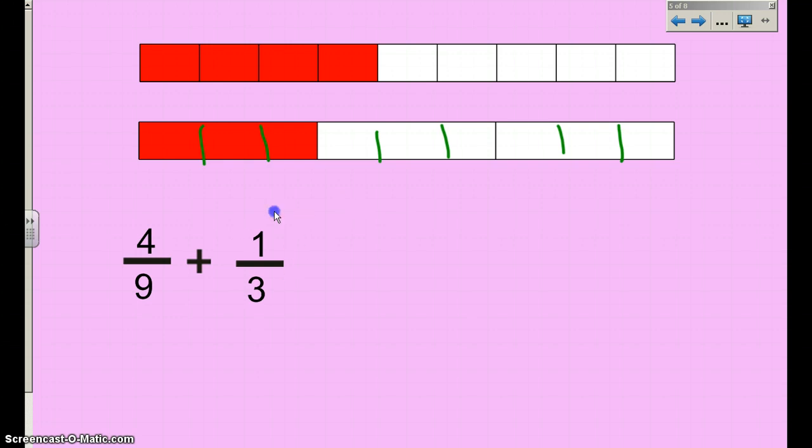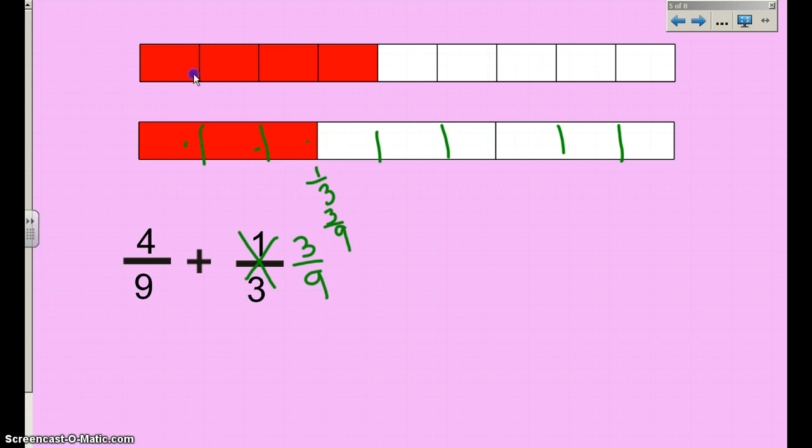So 1/3 is actually 1, 2, 3. So 1/3 is the same as 3 out of 9. So I'm going to change 1/3 to its equivalent fraction, which is 3/9. So now I have to add 4/9 plus 3/9.